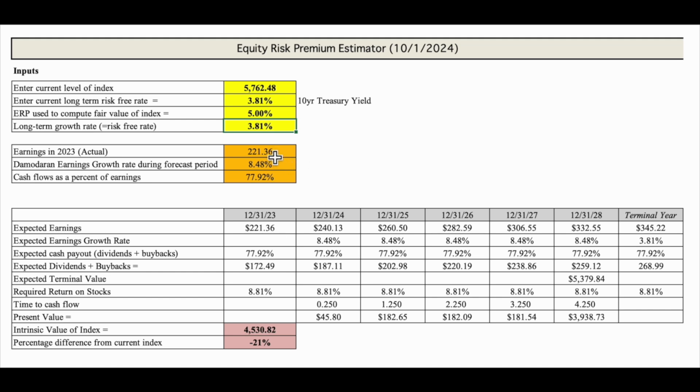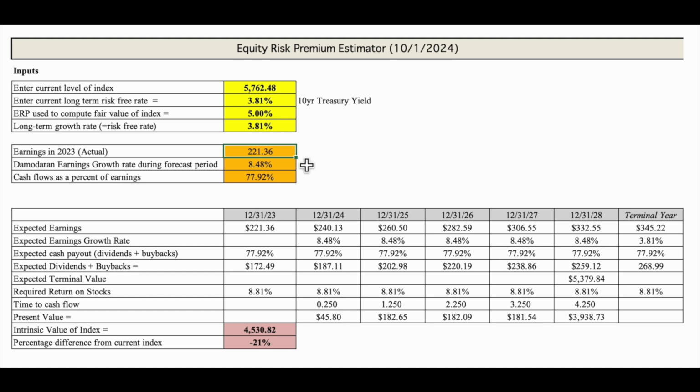And here's how it works. The actual earnings on the S&P 500 in 2023 were 221.36, as shown on the screen. What we need are forecasts of the future earnings. And what Professor Damodaran and CCG do is turn to consensus analyst forecasts.